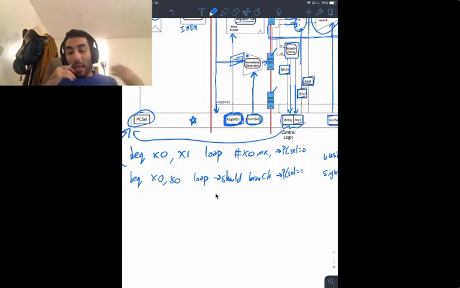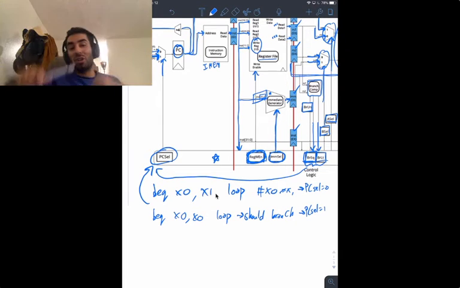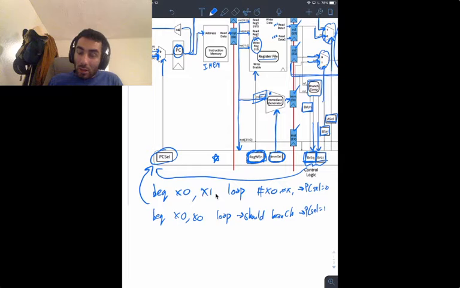You said, look, if it's a branch equal instruction and the BREQ signal is on, then that means that I should branch. So therefore, the next PC should be the address of the instruction that I'm branching to. If it's a BEQ instruction and branch equal is off, then that means that I should not take the branch. So therefore, I should just go to the next instruction in PC plus 4. So that's the relationship between both of these.